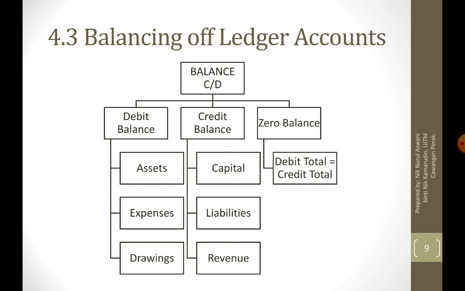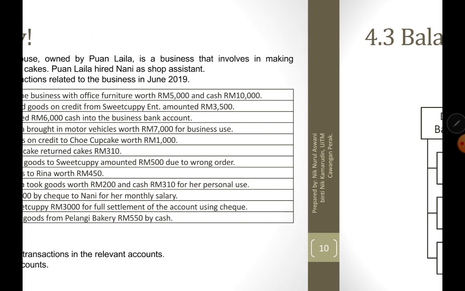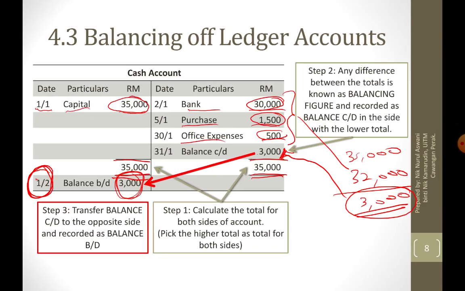Before that, for balance carried down, we see that assets, expenses and drawing, this one is actually part of liability, but never mind, will have a debit balance. For example, just now, the cash account, this is an asset. It will have a debit balance.